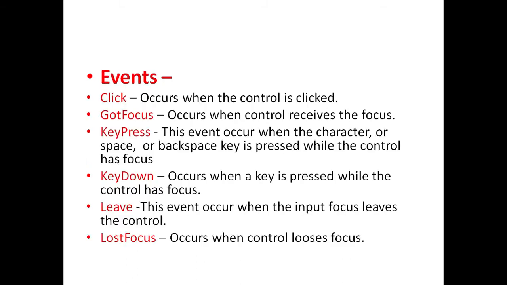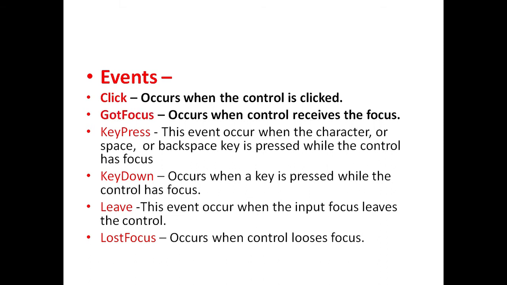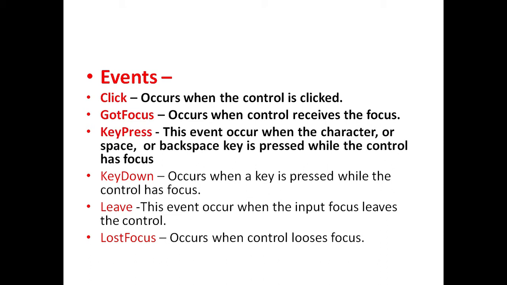The different events for list box are: first is Click, which occurs when the control is clicked. The GotFocus event occurs when the control receives the focus. The KeyPress event occurs when a character, spacebar, or backspace key is pressed while the control has focus.